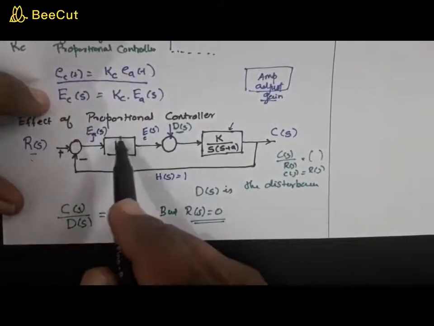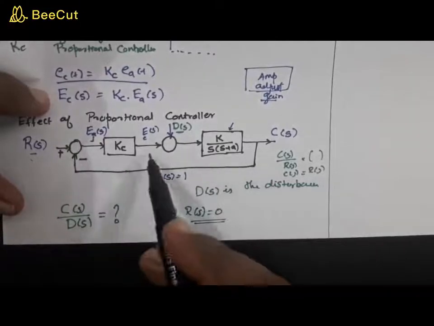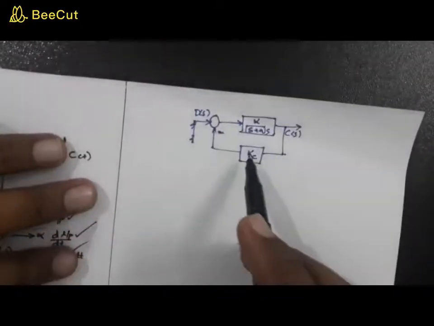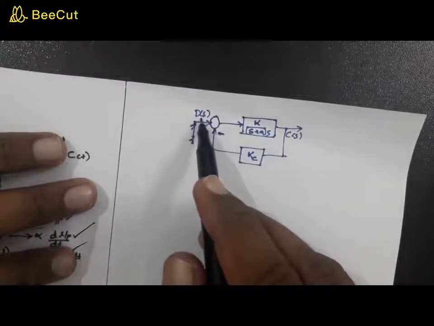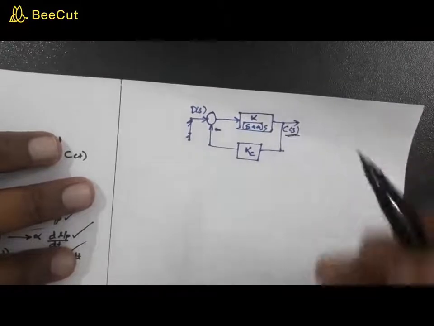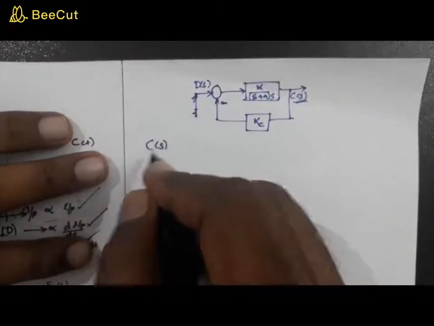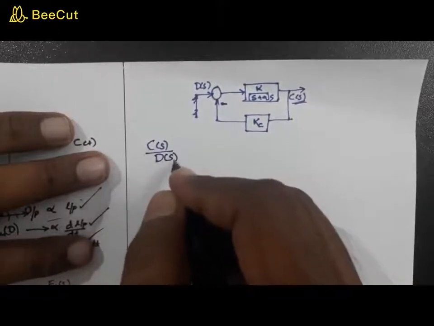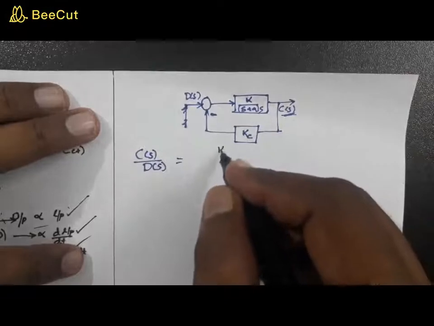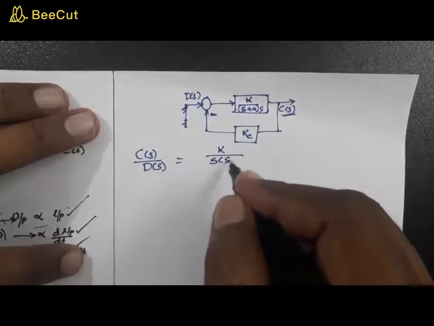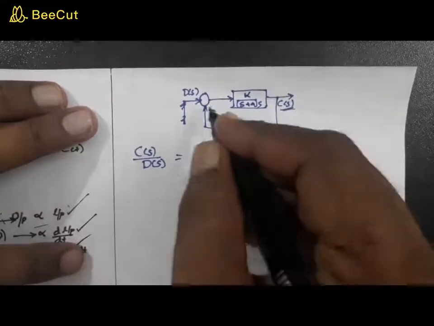So that means this minus Kc becomes a part of this feedback, right? And that is shown here. Now minus Kc is shown as the feedback. One of the inputs is D of S, and the output is C of S. From this you can calculate C of S by D of S. That is the basic expression: G of S, that is K by S into S plus a, divided by 1 plus G, it is minus, right?